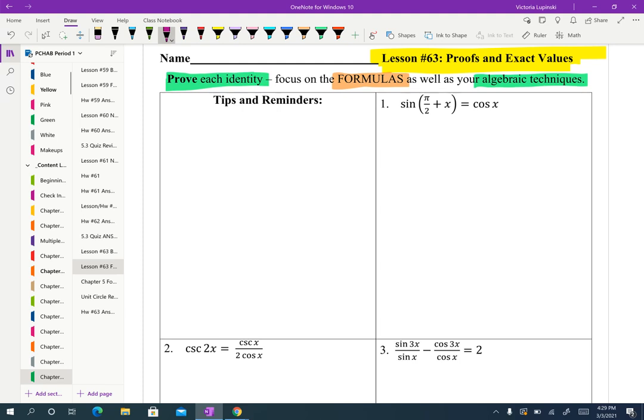So far for each problem, we've mostly had one single variable, whether it was an X or a Y or a theta. Yes, we use different variables, but we didn't necessarily use them in the same problem. That is going to change right now. So you just have to make sure that you're keeping it straight.